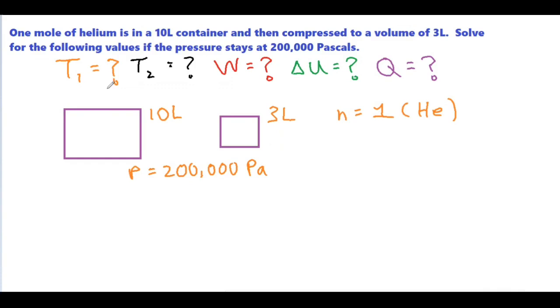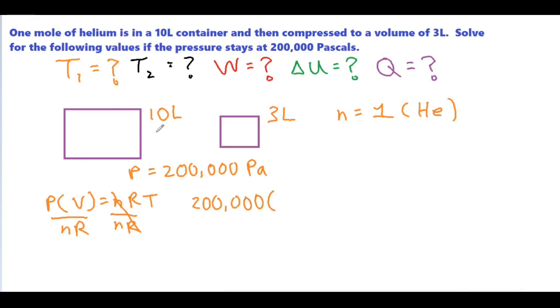All right, so let's go ahead and solve for our 2 temperatures. What we're going to have to use is PV equals nRT. If I do a bit of rearranging, I can divide both sides by nR, and I can solve for my T values. So I have my pressure of 200,000 times my initial volume of 10 liters, and I'm going to take that 10 liters and convert it into meters cubed.